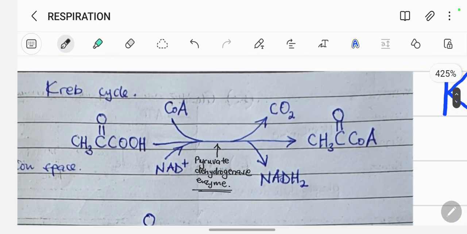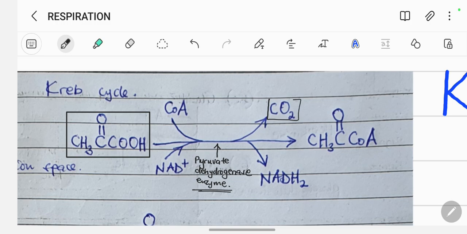So from pyruvic acid to acetyl coenzyme A, we are going to first decarboxylate it. So we remove carbon dioxide.